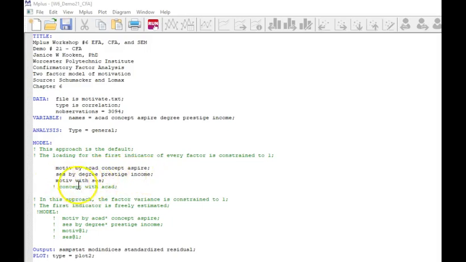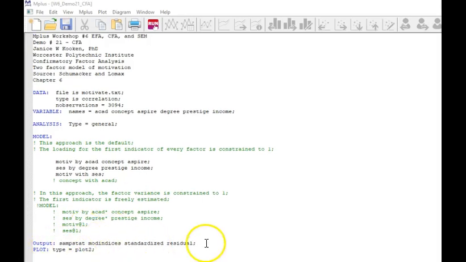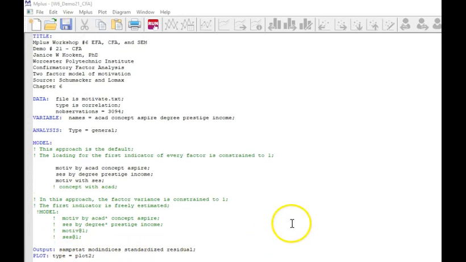And I do want the 2 factors to be correlated. As I mentioned when talking about the exploratory factor analysis, generally we think that our models are such that the factors are correlated in social sciences. So I'm going to ask for a lot of output, including modification indices, and I'm going to ask for a certain plot. All right, so I'm going to run this.